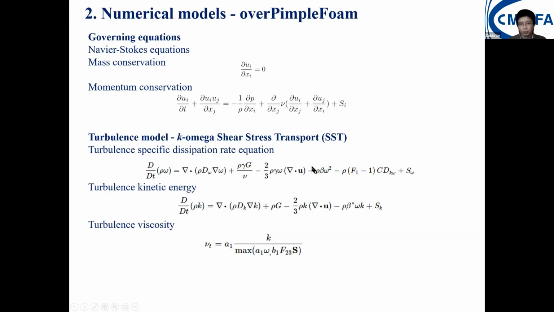I'm not going into details of this turbulence model. At present, we haven't tested any other turbulence models such as k-epsilon or large eddy simulation, but that will be one of our missions in the future to test the sensitivity on the turbulence model.